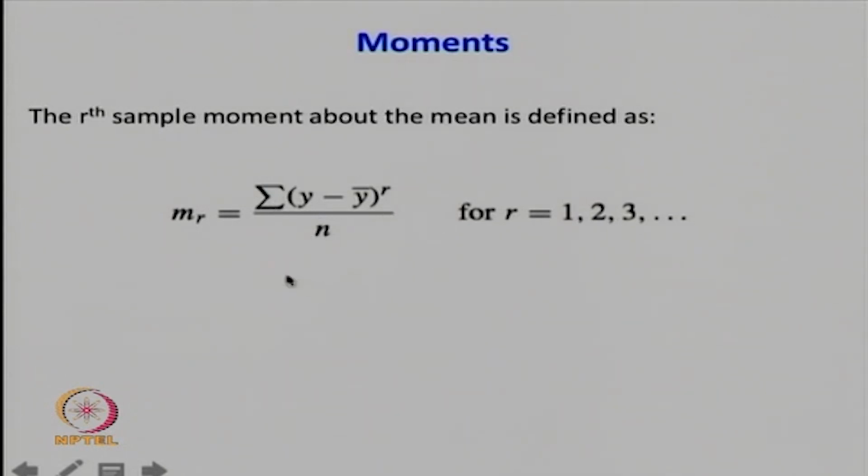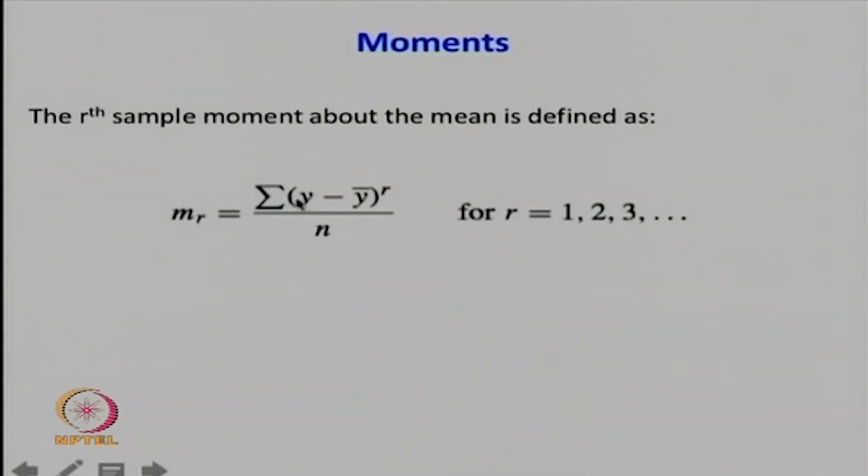One aspect that we discussed in the last class was that, depending on the nature of the distribution, all odd moments about the mean, which means m1, m3, m5, m7 and so on, will return a value of 0. This is because for every value of y situated to the left of y bar, there is another value of y situated to the right of y bar, and the frequencies of these two values are equal.